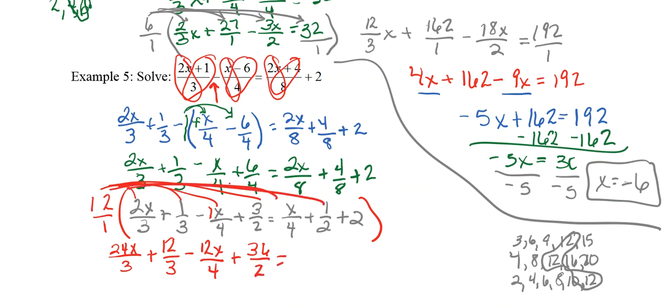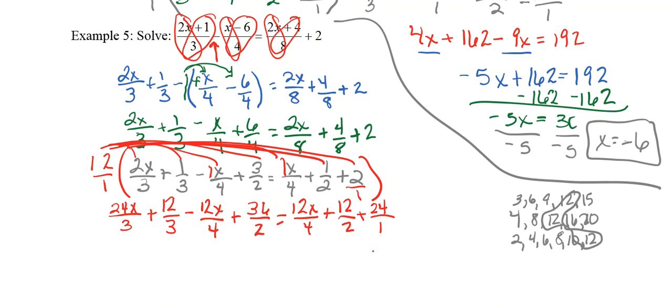I'm still going. 12 times the invisible 1 is 12. 1 times 4 is 4. 12 times 1 is 12. 1 times 2 is 2. Remember, there's an invisible 1 under the 2. 12 times 2 is 24. 1 times 1 is 1.